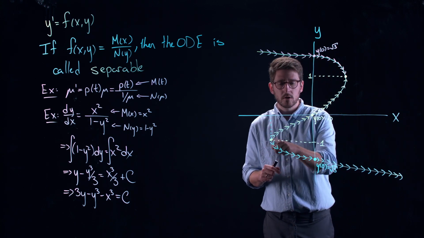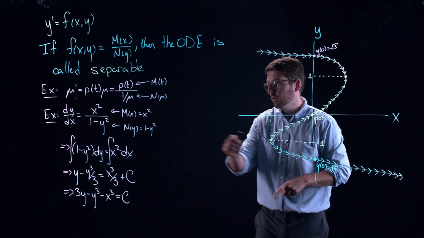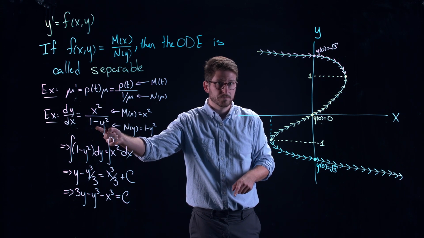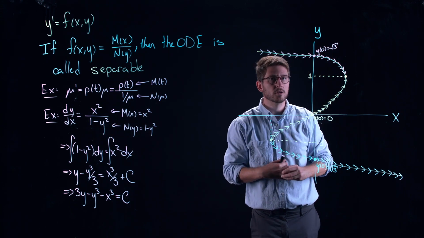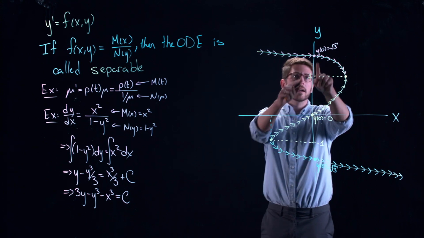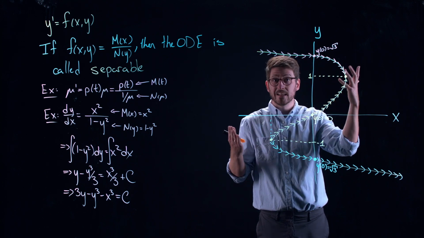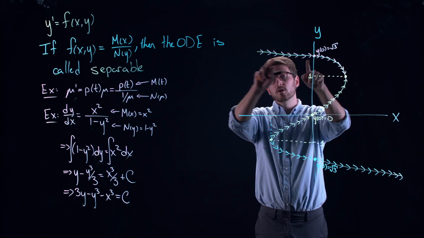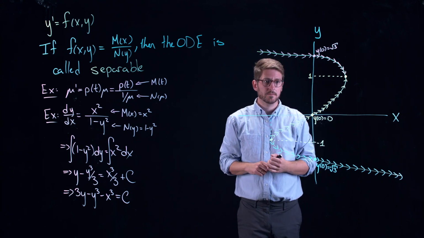But I can only go so far back in x until I eventually blow up in my differential equation. Same thing if I have an initial condition y of 0 is equal to the square root of 3: I can only go forward to some finite value of x. That's my beta value. But I can go back as far as I want, and everything is okay then.